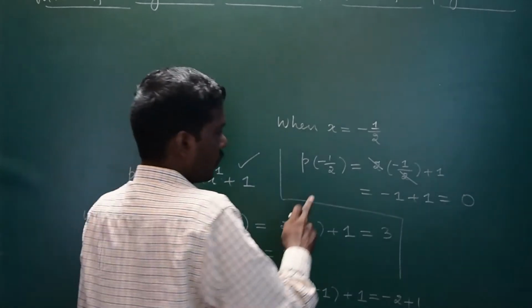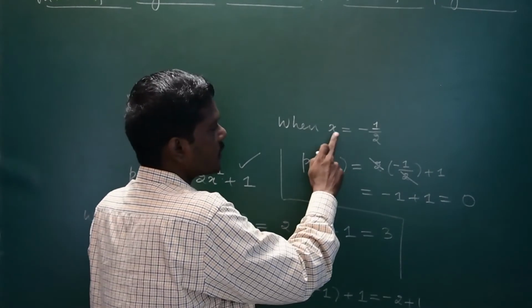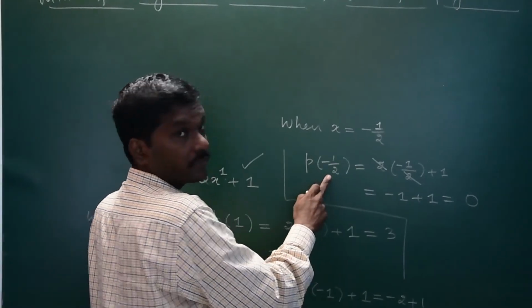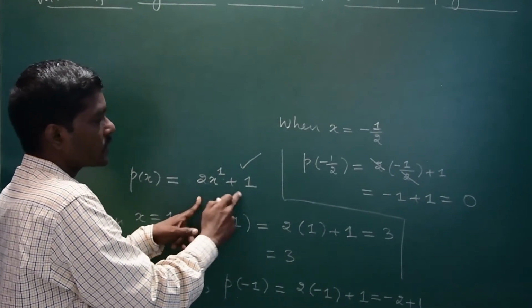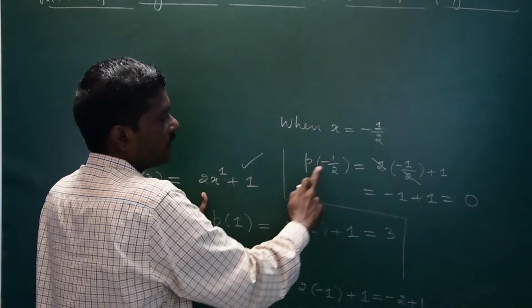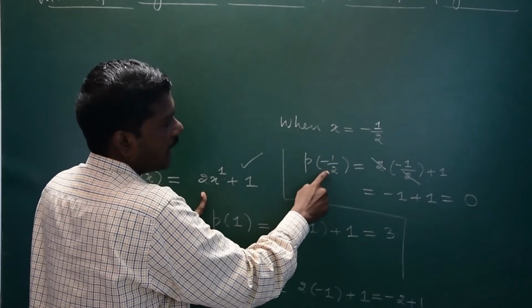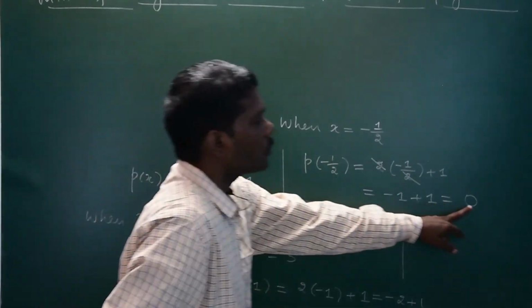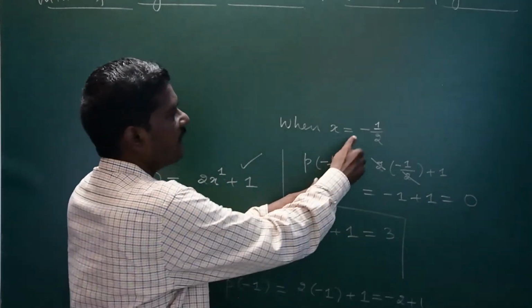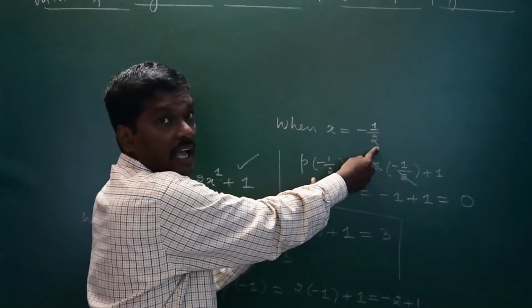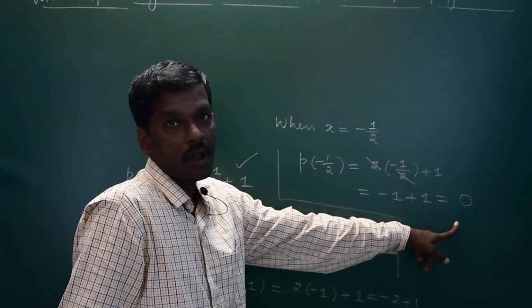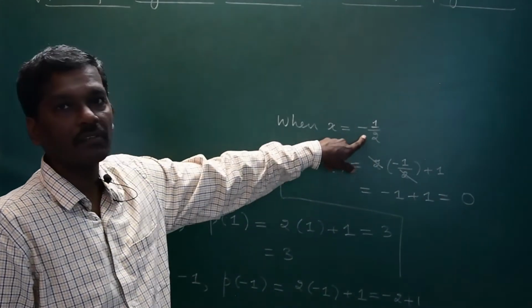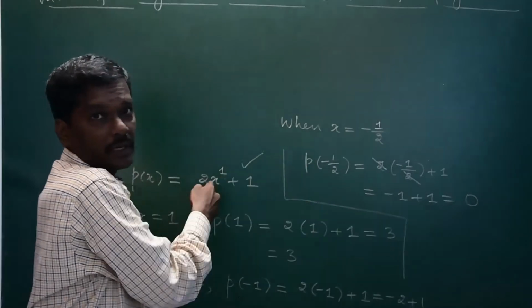So, when you substitute x is equal to minus 1 by 2 here, the value of the polynomial at minus 1 by 2 turns out to be 0. That means the value x is equal to minus half makes this polynomial 0. Then that value is what is called the zero of this polynomial.